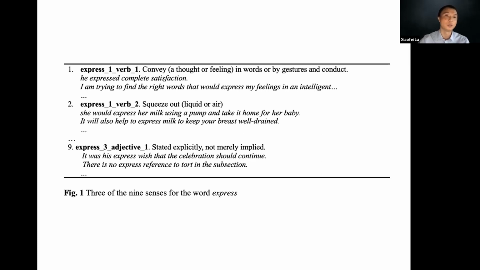Then we build a unique sense ID for every sense. So express-verb-1 would be the sense ID for the first sense entry in the dictionary for the word express. We would take the actual definition and all the example sentences. The ID is meaningful to us, but in a sense, it also doesn't matter.